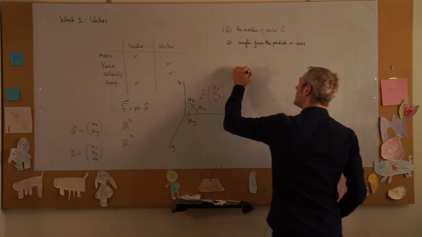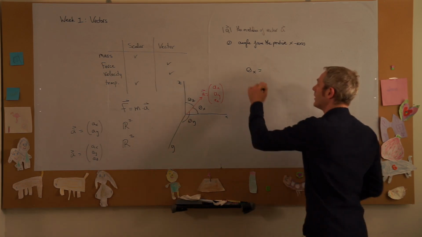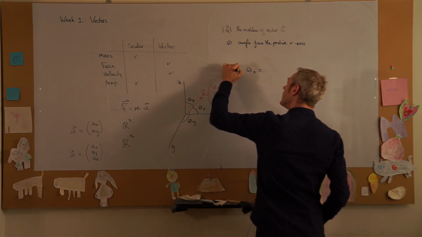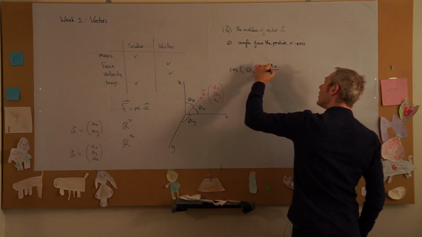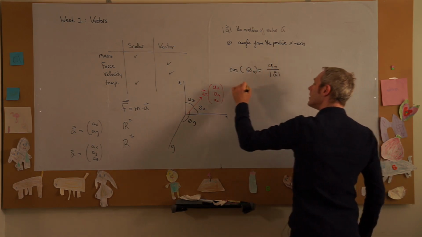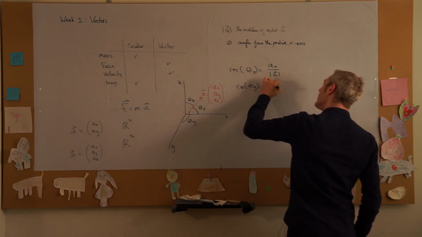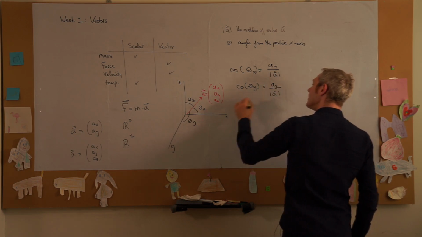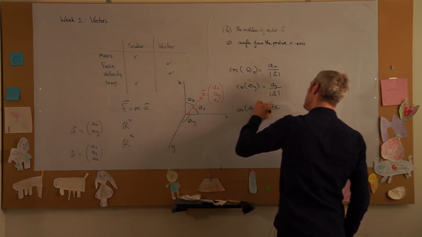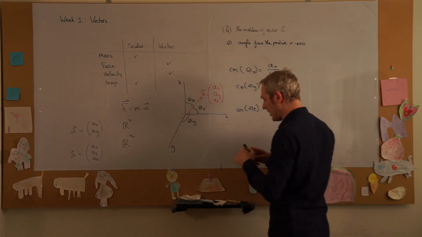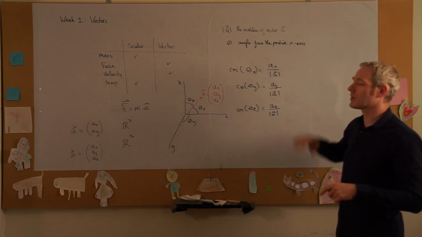We have that the cosine of theta x is equal to ax over the length of A. The cosine of theta y is ay over the length of A, and the cosine of theta z is equal to az over the length of A. And defining angles in 2 dimensions is easy. In 3 it becomes cumbersome.